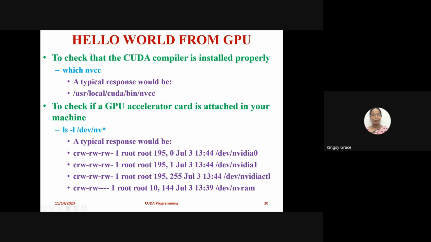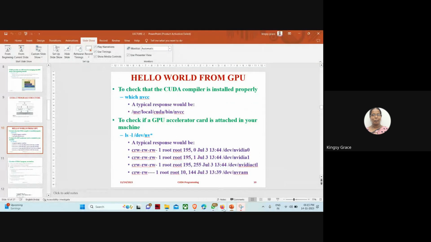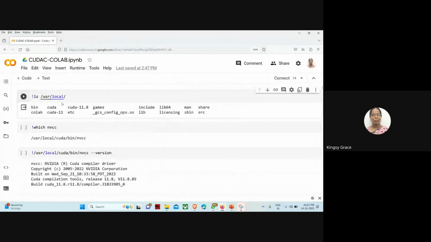Okay, so while executing any programs, we have to check whether the compiler is properly installed. Already in the last class we have discussed everything. Then I'll give you a recap.